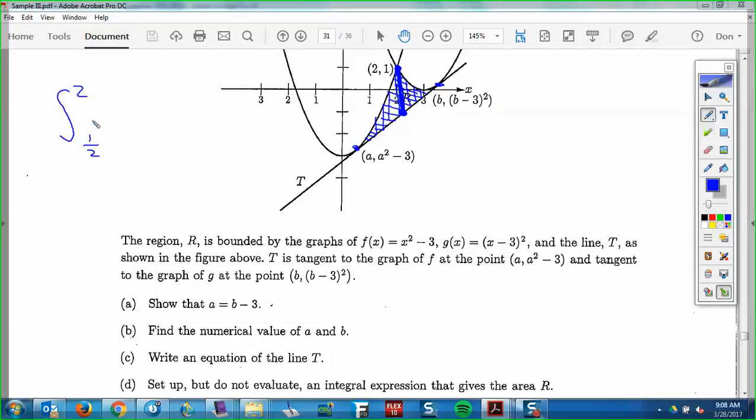And then what are we going to put in here? This is F, right? This is this one, right? X squared minus 3. So isn't that going to be the top curve? The parabola is going to be the top curve. So that's going to be x squared minus 3.